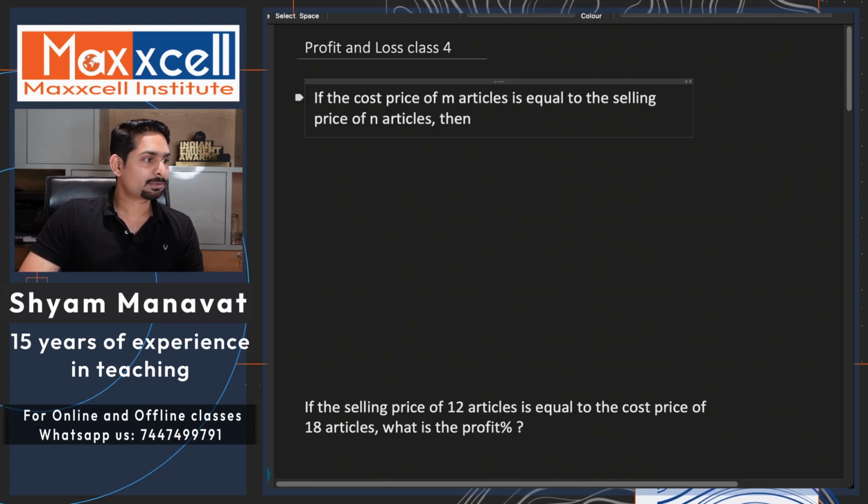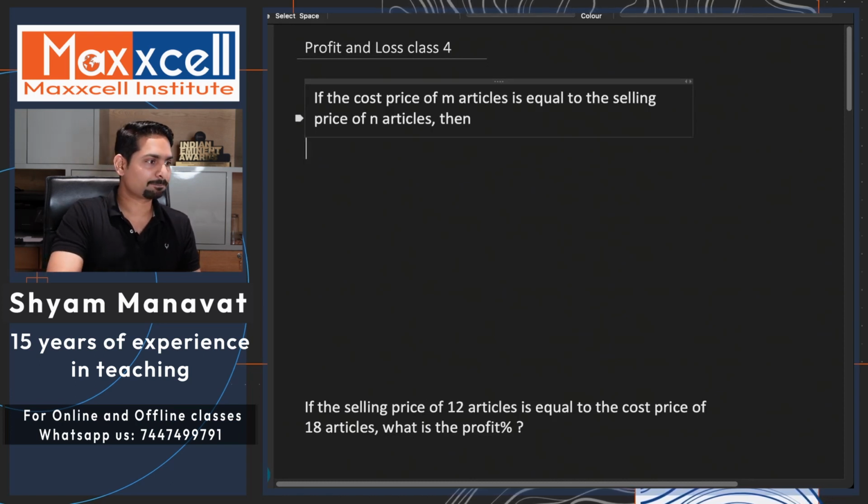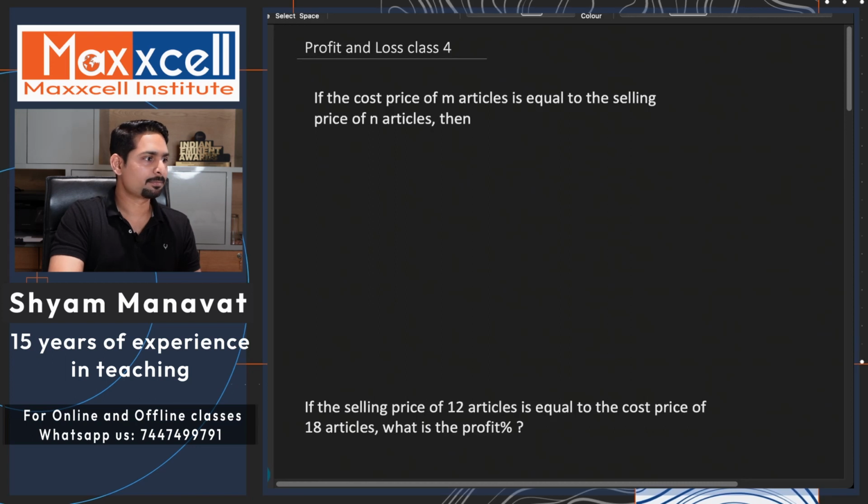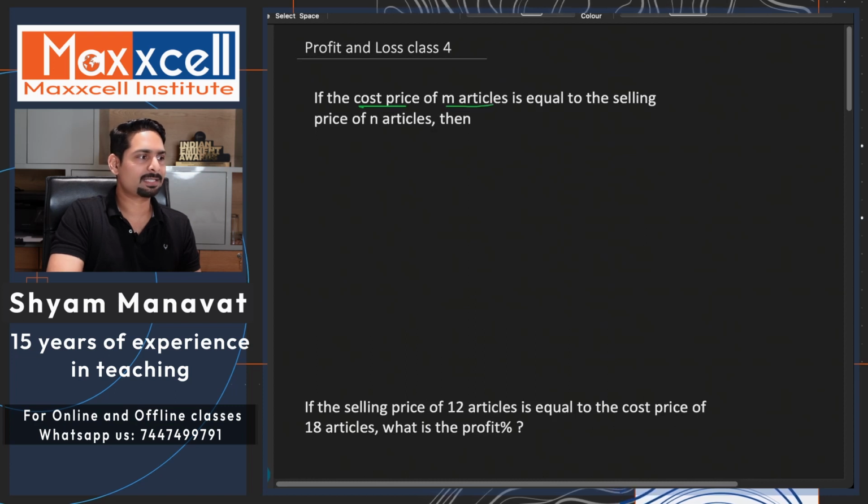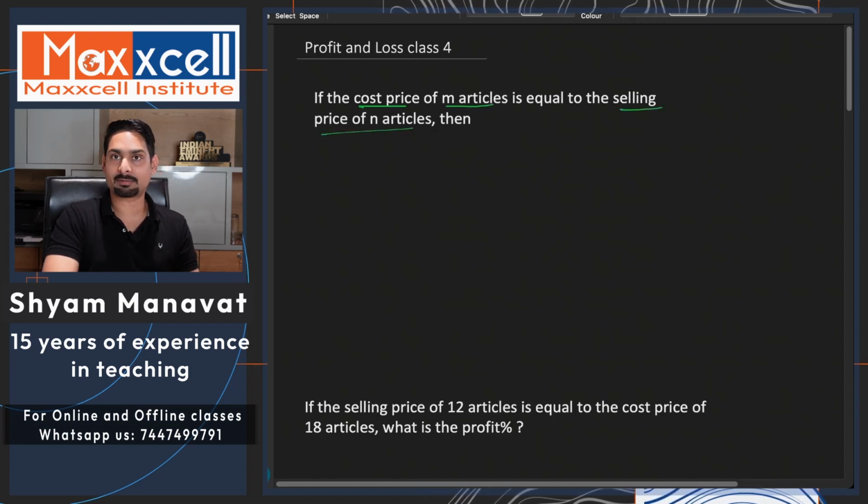This says, if the cost price of M articles is equal to the selling price of N articles. You can see clearly here that the cost price of some number of articles is equal to the selling price of some number of articles.